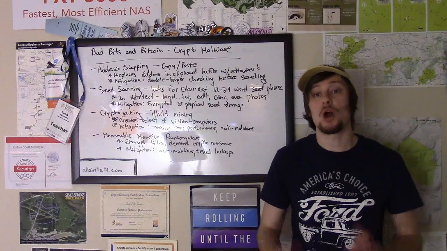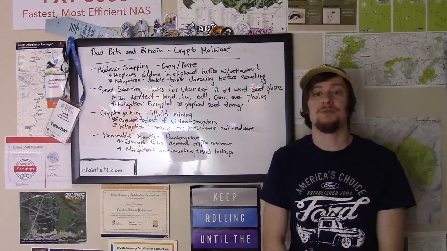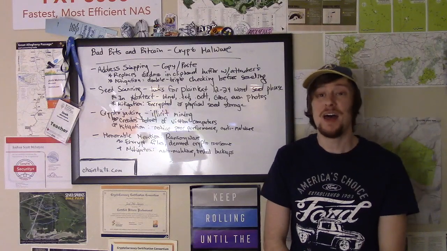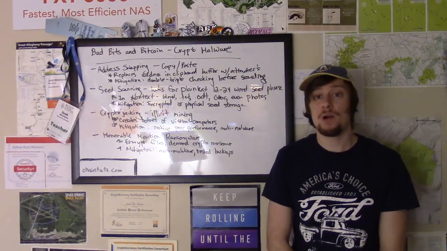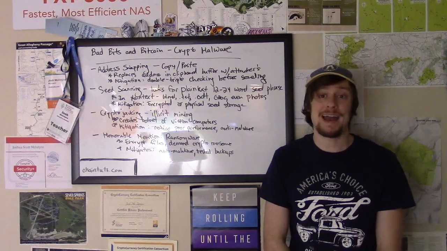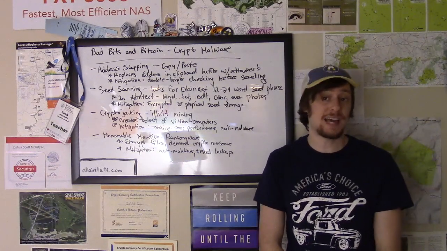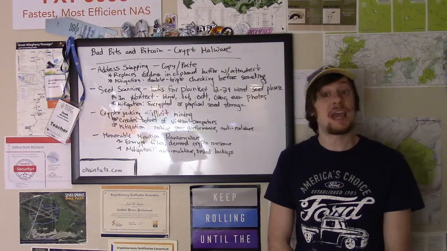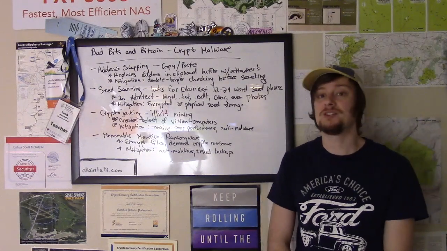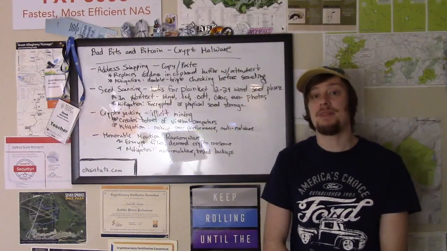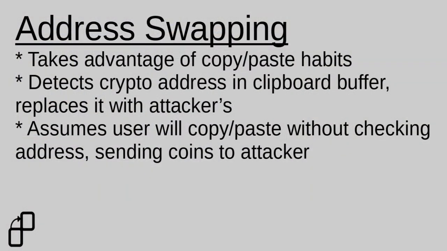Addresses by nature are long, random strings of information that are generated from the seed phrase and private keys. They're very difficult to remember and to type out by hand. So most of the time when you're creating a crypto transaction, you're either going to scan a QR code with your mobile device or use copy and paste on a PC to get that recipient's address.